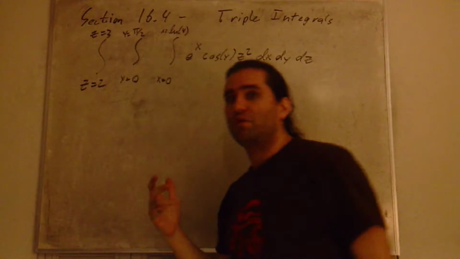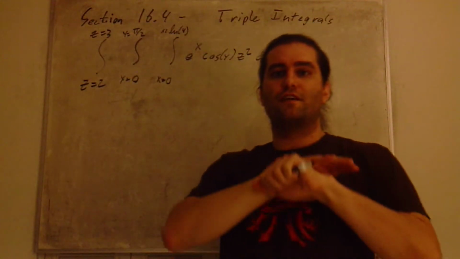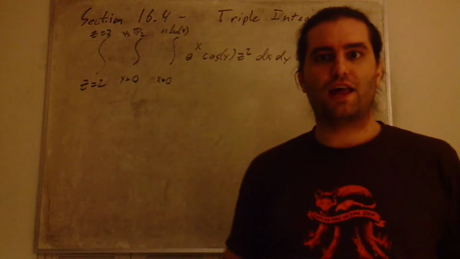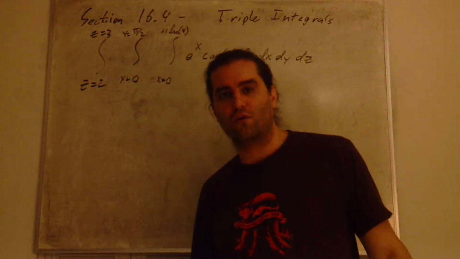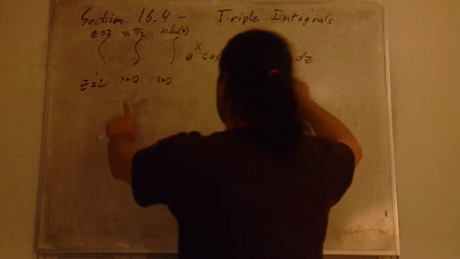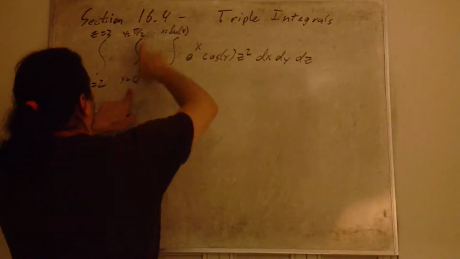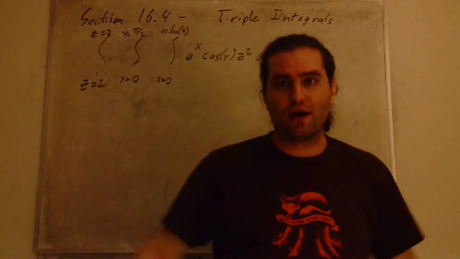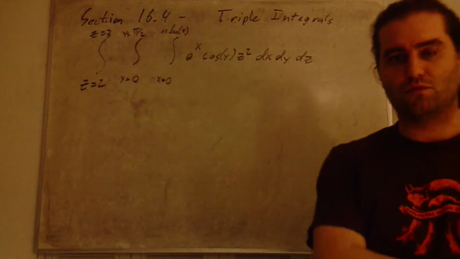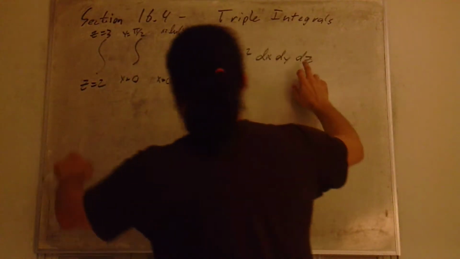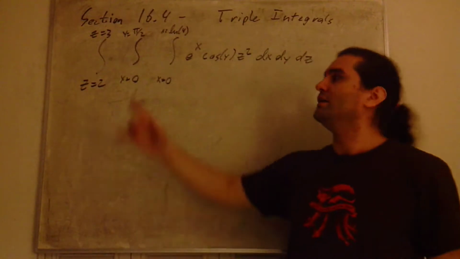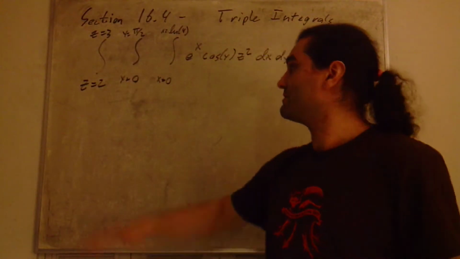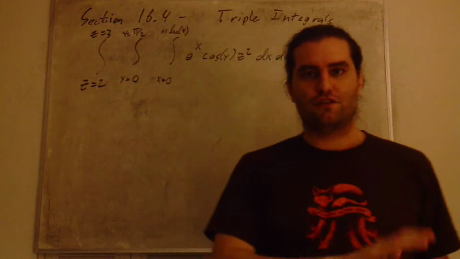And after you've plugged in your bounds for x, that variable should never appear again. Once you integrate on x, the only thing you have left are y's and z's. And then we'll integrate on y, and we'll plug in those bounds. And once you have finished that, there's no more y's. Y is gone. It's done. We're game over on y. And then lastly, you'll integrate on z's. And for z's, you have to plug in constants because we're not bringing x's or y's back into this. And then at the end of everything, you should have a number.